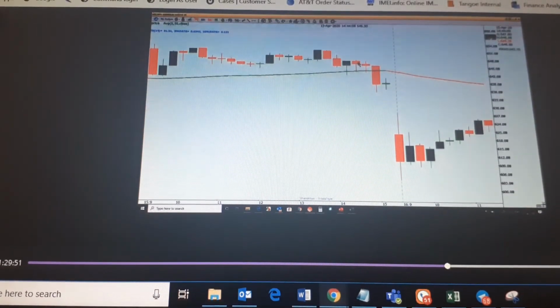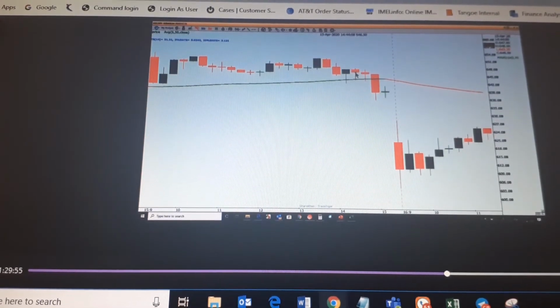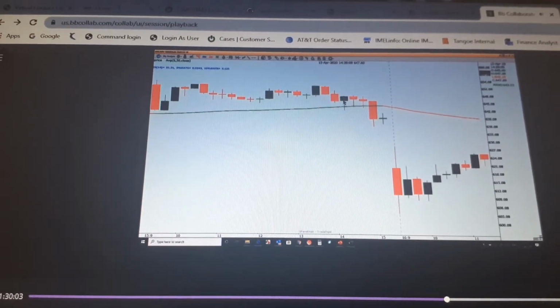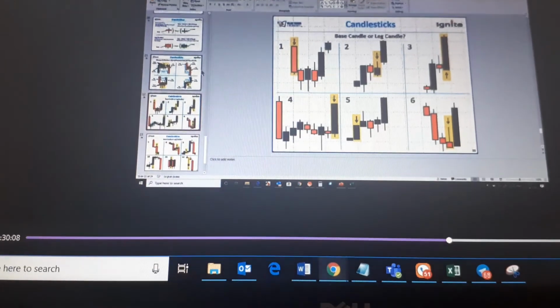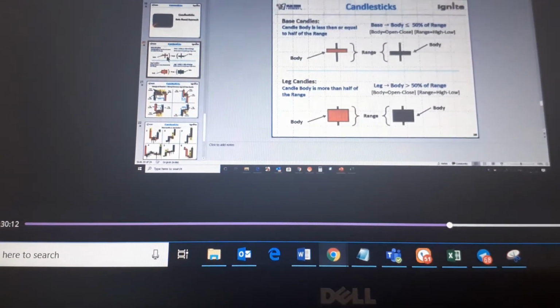When the base is red, it means that the open is above the close. And when the base is green, it means the open is below the close. This one.